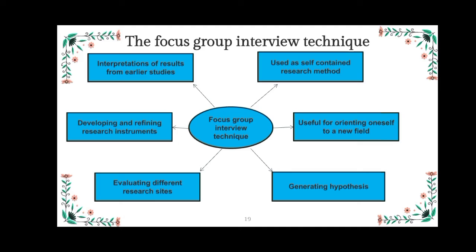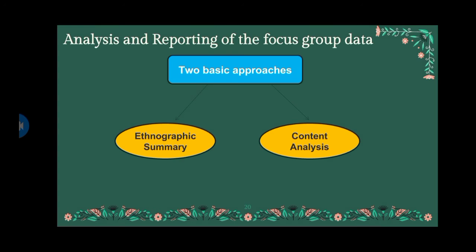on services and collections. There are two basic approaches to analyzing focus group data: the ethnographic summary and content analysis. The content analysis approach produces a numerical description of the data. Content analysis is the tallying of mentions of very specific factors.